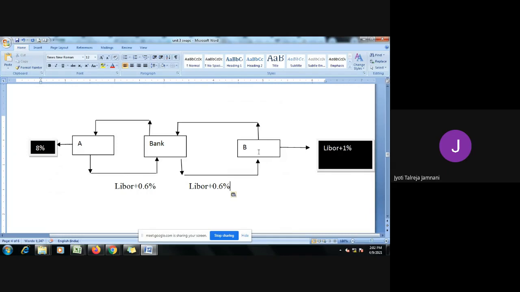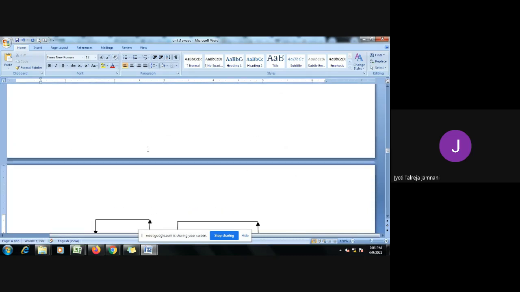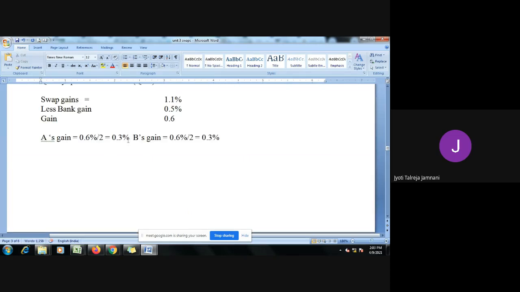Now B has to transfer. A has transferred its floating rate. So B will calculate. B will give the full 8% which A has paid in the open market. So 8% to A, plus it will give the gain of the bank, which we saw is 50 basis points, nothing but 0.5% to the bank, and it will also give A his gain. How much is the gain for both the parties? It is 0.3%.